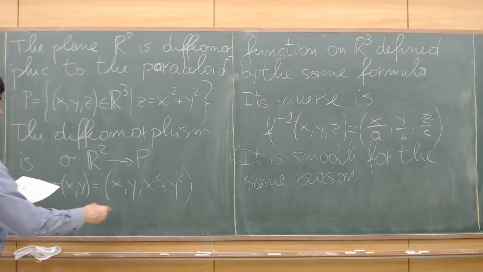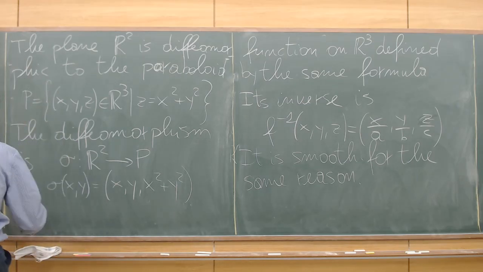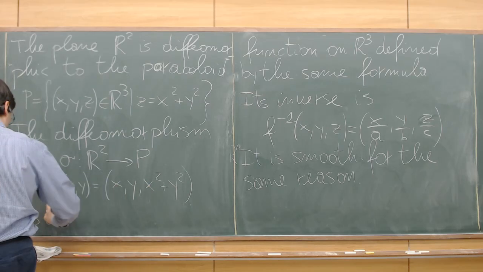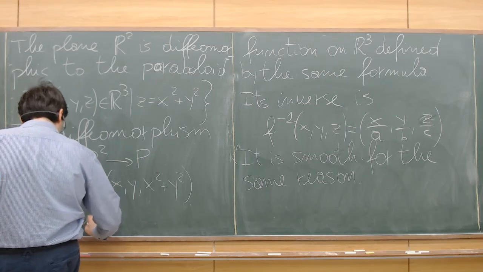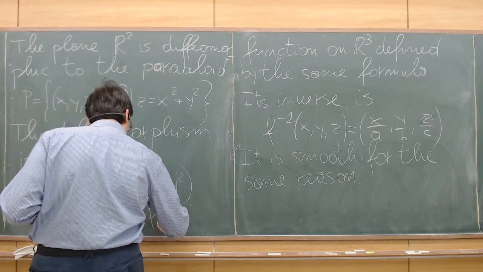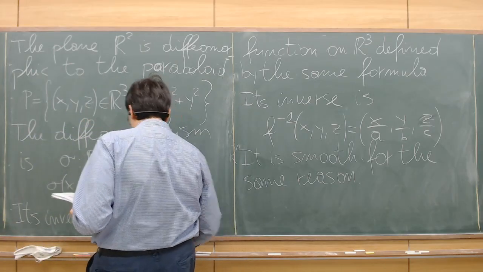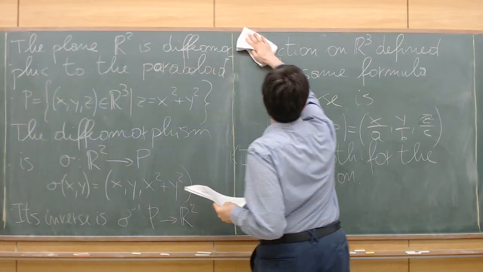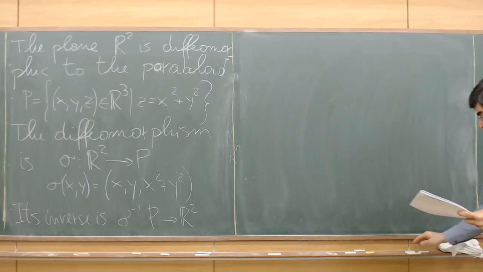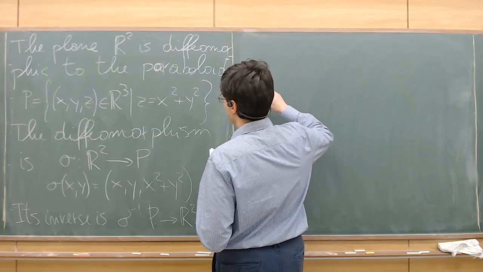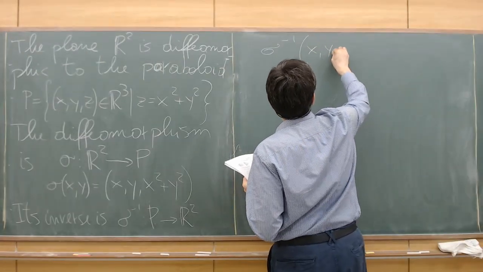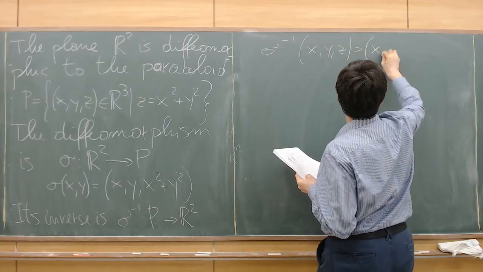The inverse, okay, this map is clearly smooth, and its inverse is sigma inverse from P to R2, and it is given by this formula, sigma inverse of x, y, z equal to x, y.